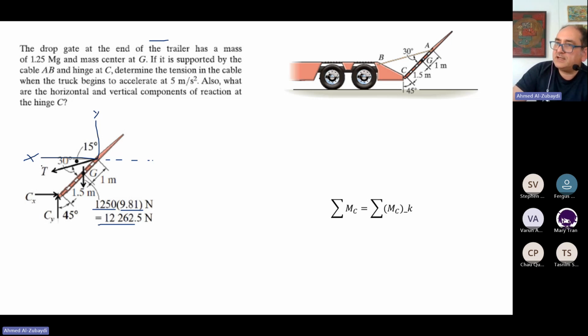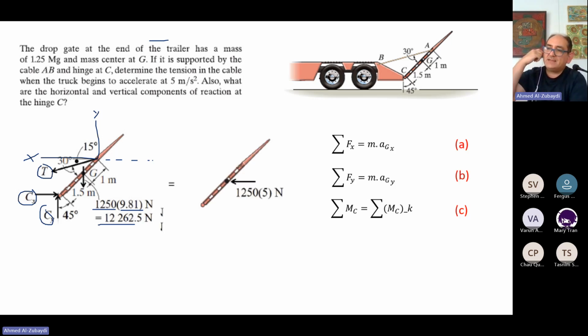Now the unknowns are the T, the Cx, and the Cy in the free body diagram. In the kinetic diagram, we know the mass, and we know the acceleration is 5 meters per second squared, so we can simply find the horizontal component of the force. We don't have any vertical one because the truck is not going up and down.